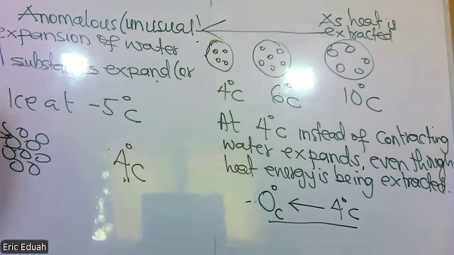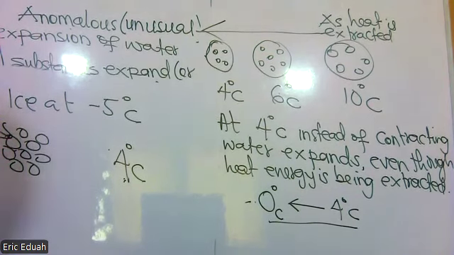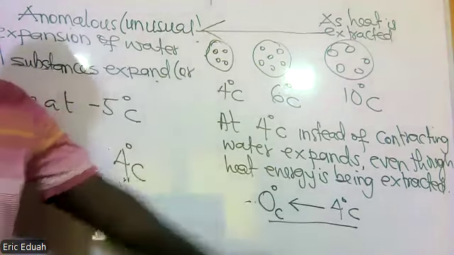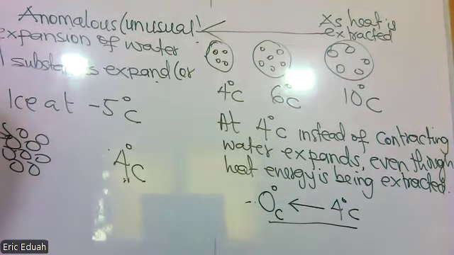It will contract on and on and on. So this is the abnormal expansion of water, where the abnormality starts at a temperature of 4 degrees Celsius.